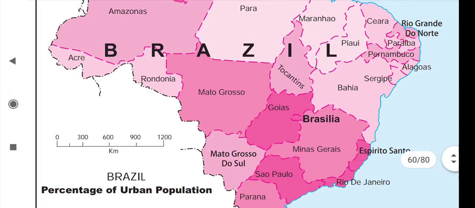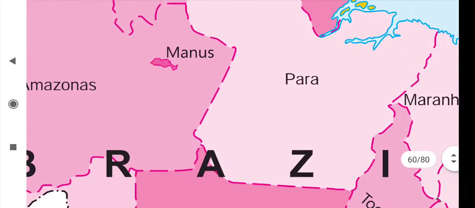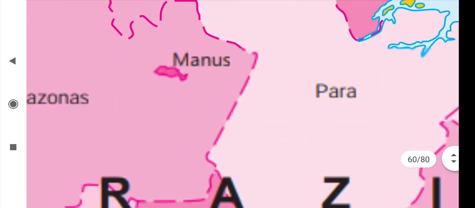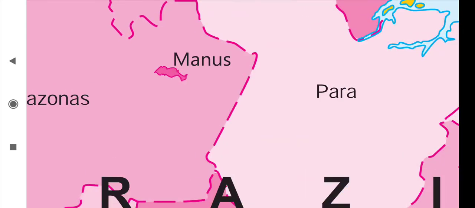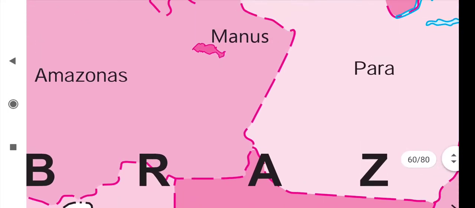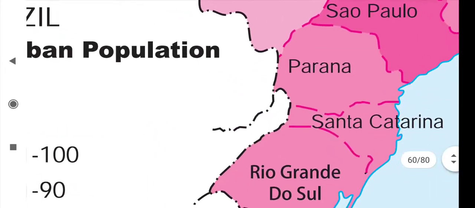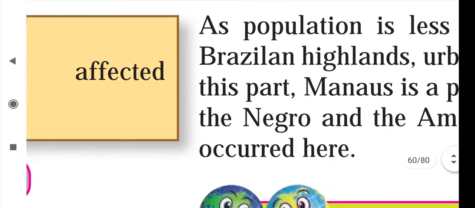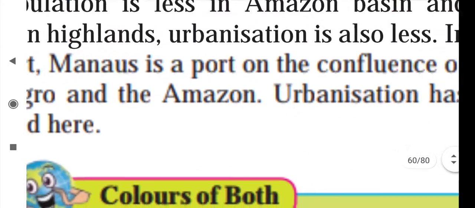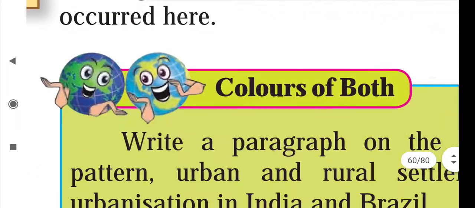We will see here. Here is the Manaus port. There also a dark shade is used. So in this place we can find more urbanization, though it is in the Amazon river basin. So on the Manaus port we will find urbanization. Okay, we have seen that.